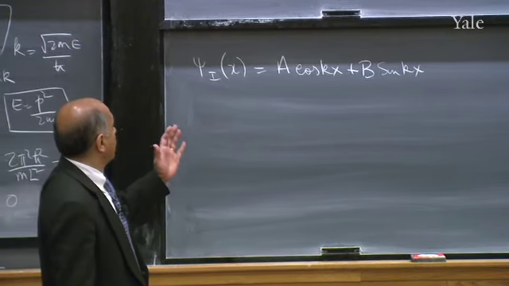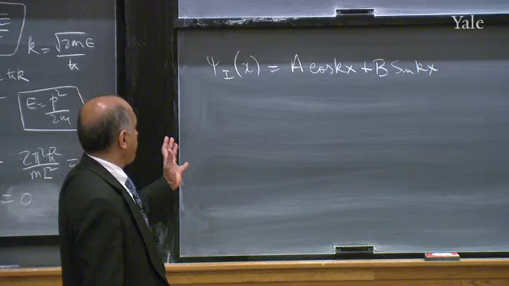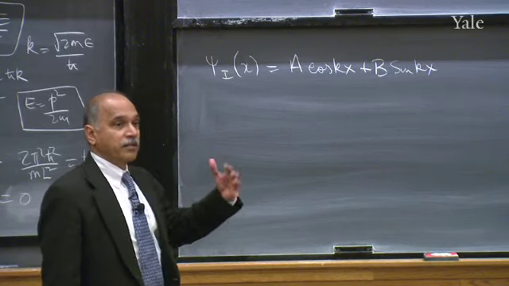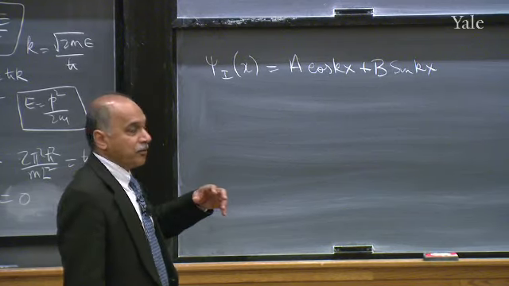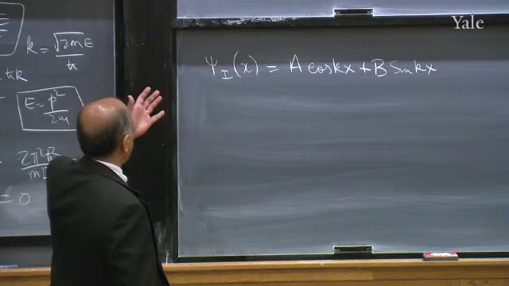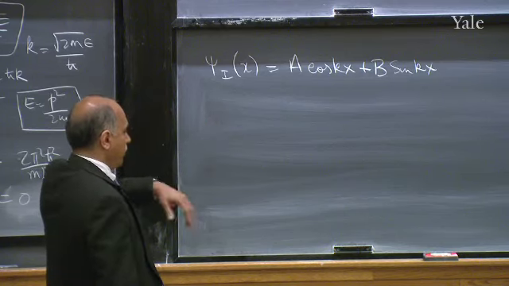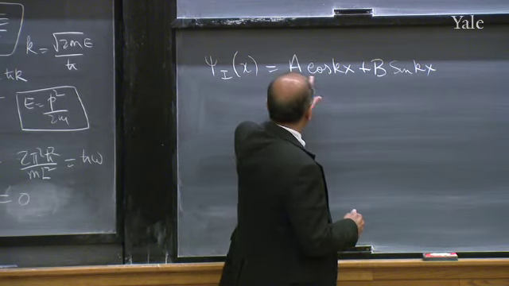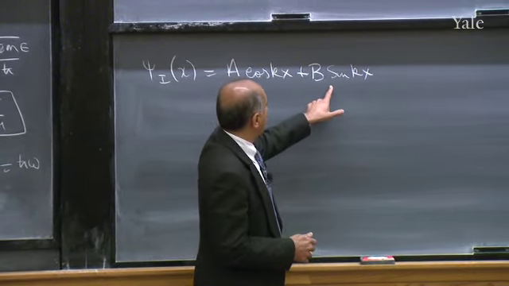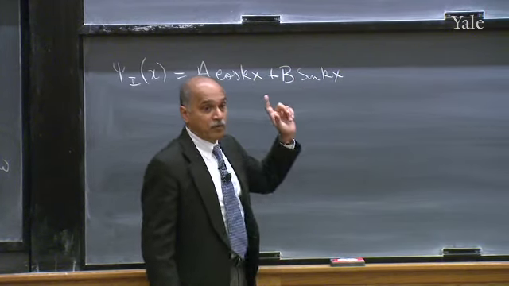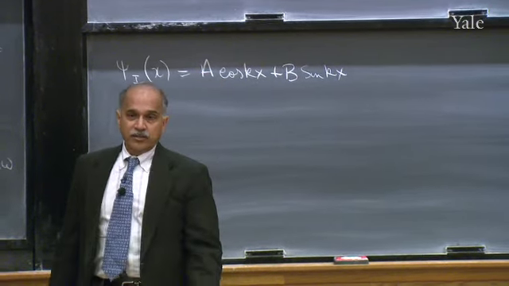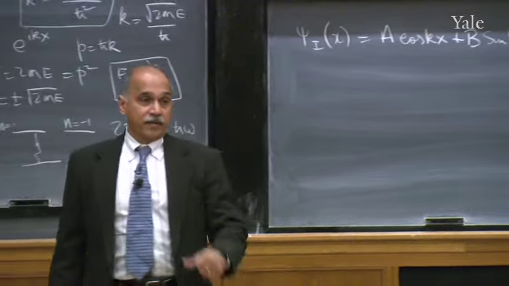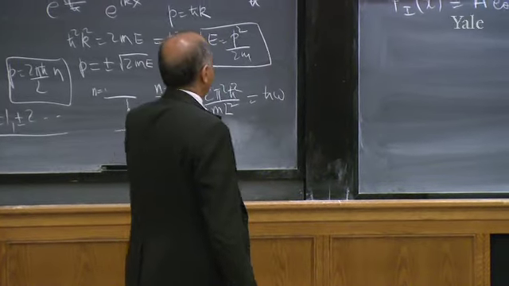You realize that exponentials and sines and cosines are all connected by Euler's great formula. So if I want, I can take e to the ikx and write it as cos plus i sine, e to the minus ikx, write that as cos minus i sine, combine the cosines and call the coefficient A, combine the coefficient for sine and call it B, and get this form. There are two alternative ways. You just write this, you will see why I picked that. That's the answer in region 1.